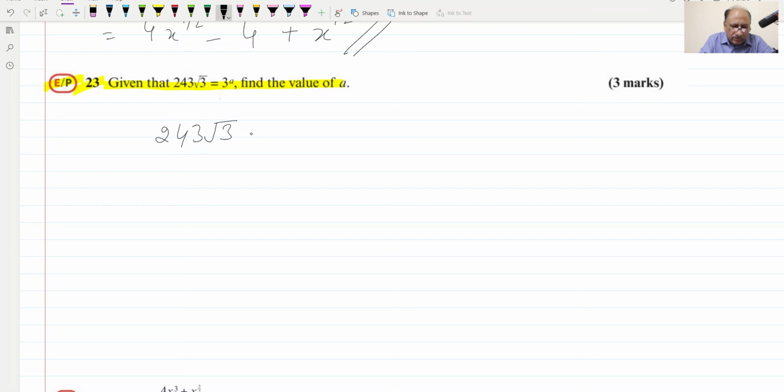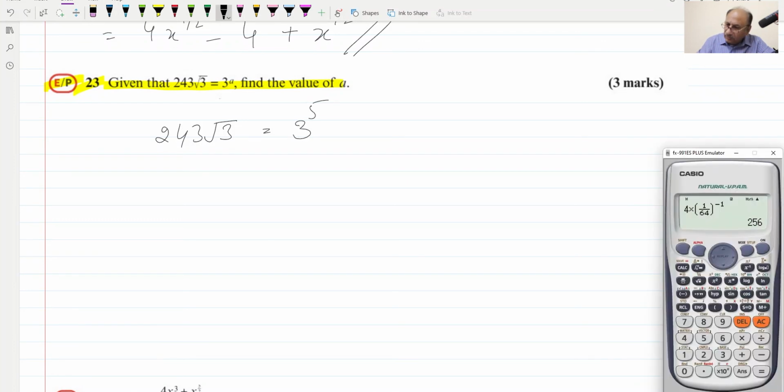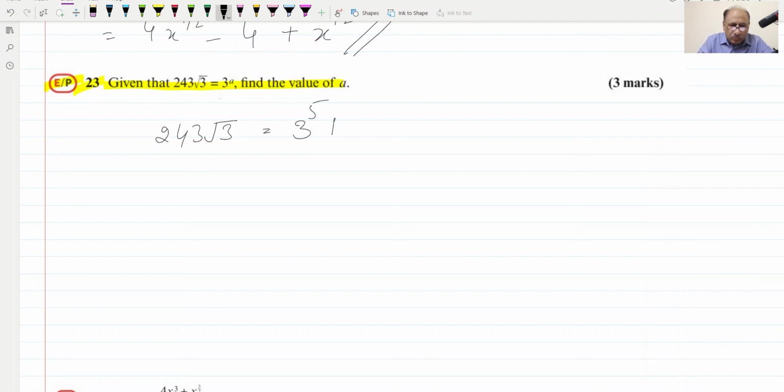We can write this as 3 raised to the power 5, because if we write 3 raised to the power 5, this will be equal to 243, and under root 3 like this one, or we can write this as 3 raised to the power 1 by 2.